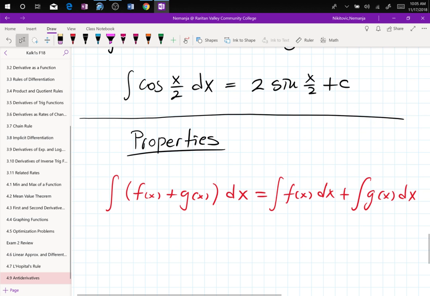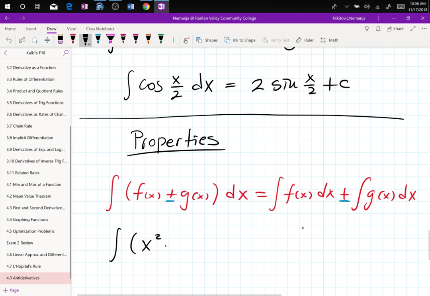I'm going to add subtraction as well in the same formula. In the book there are two separate formulas, but if you have addition or subtraction, you take the integral of each one independently.